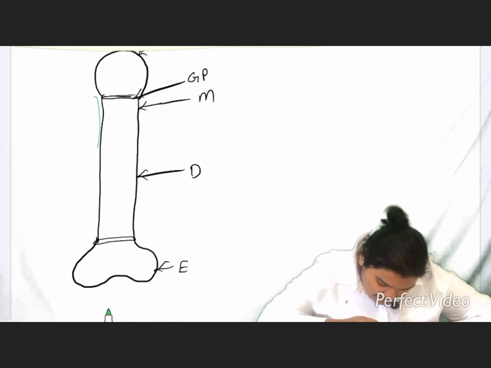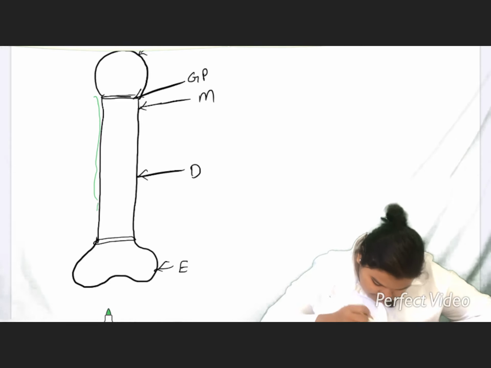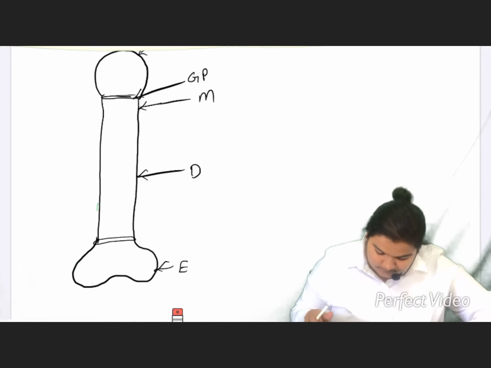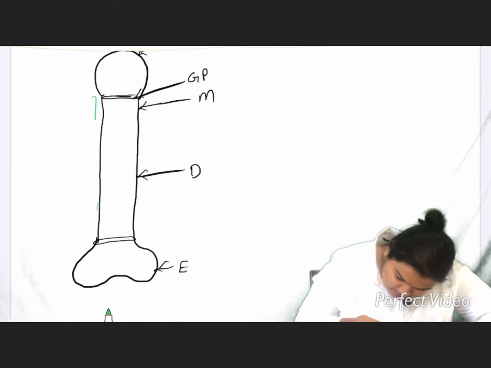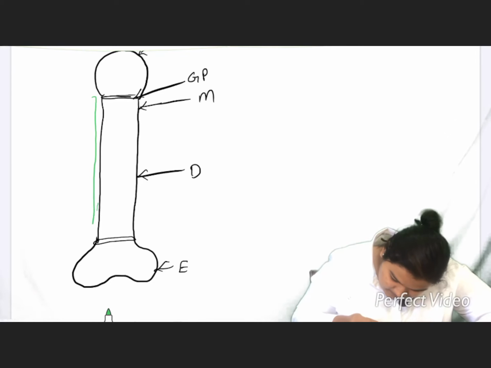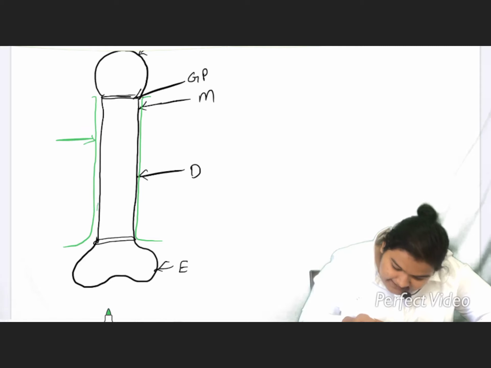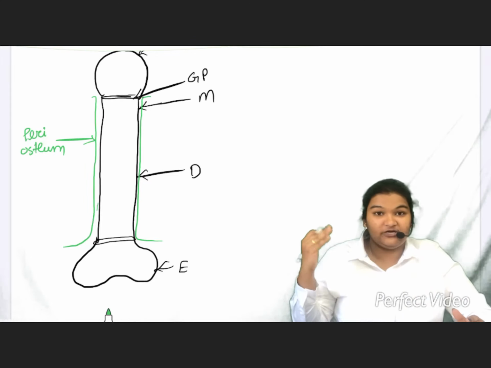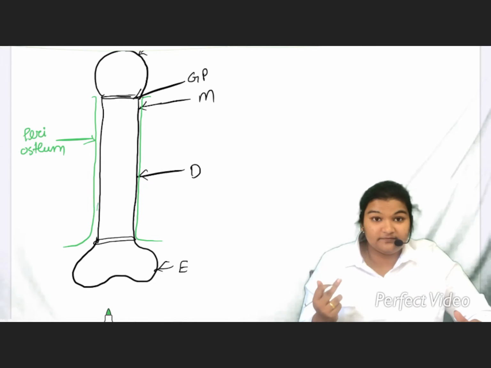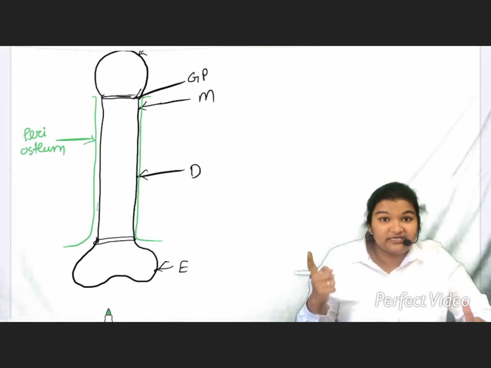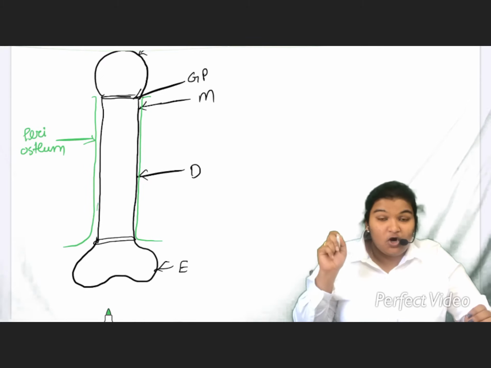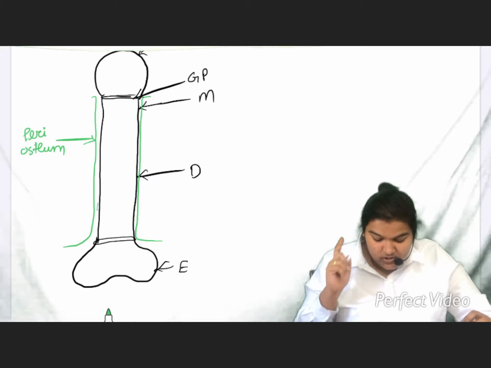So here we have the periosteum. This green layer is the periosteum. Peri means outside or surrounding, and osteum means bone. So the layer surrounding the outside of the bone, we call the periosteum.